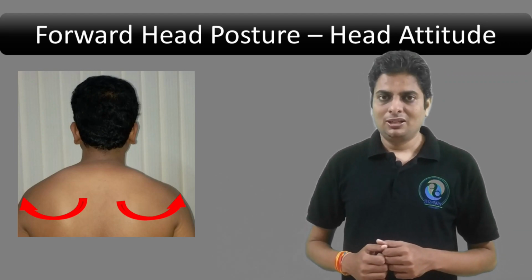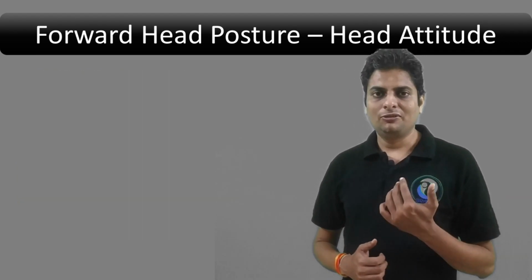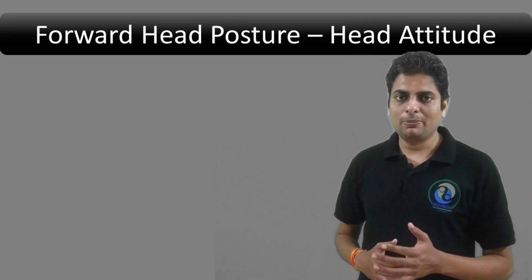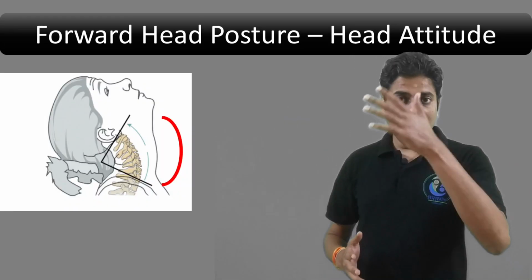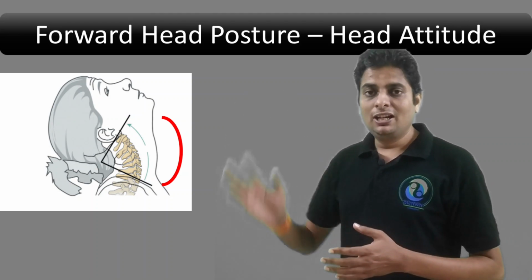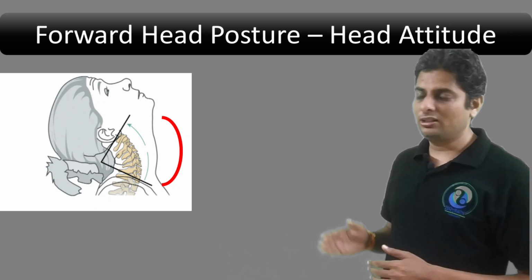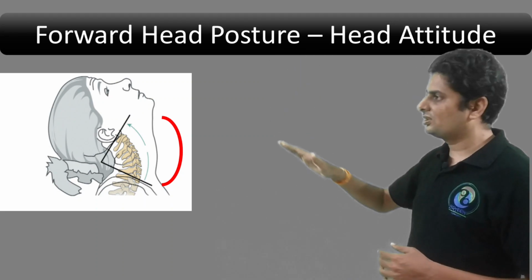Physiologically, when extension of the neck occurs, it should be well expanded or equally distributed in the cervical spine as well as in the upper thoracic spine. So the extension should be well distributed along the C curve.